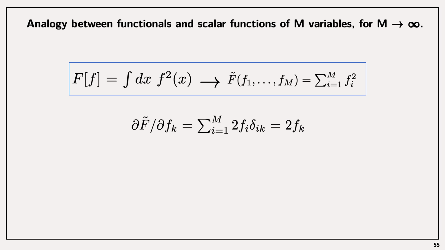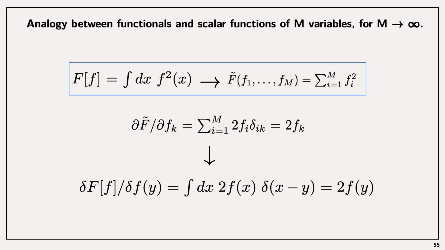and we can obtain this function. Now, the partial derivative of f of i with respect to f of k is only non-zero when i and k are the same, of course. And therefore, this element of the gradient is just 2f of k. Okay, this is just elementary. And now we can go backward and say that those m variables become continuous at the continuous limit.